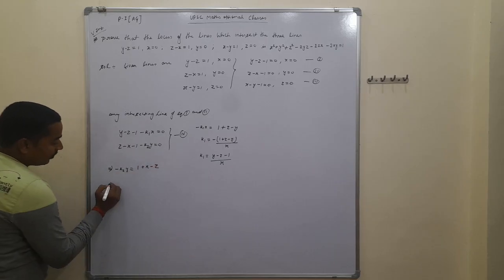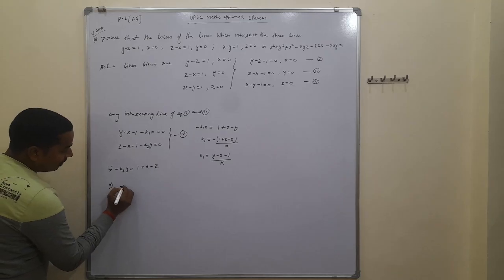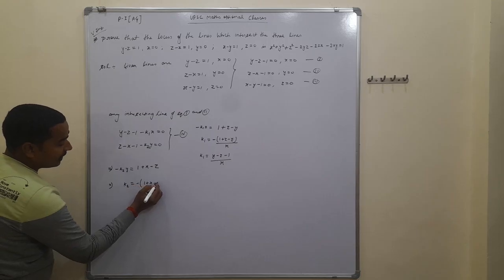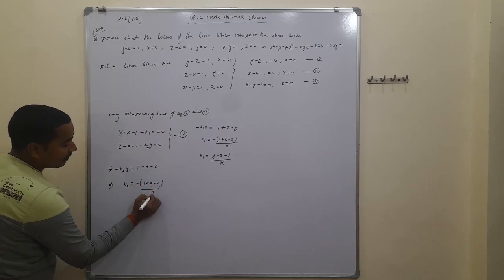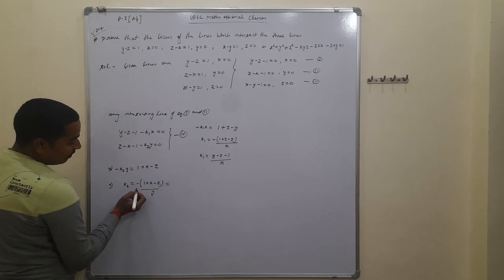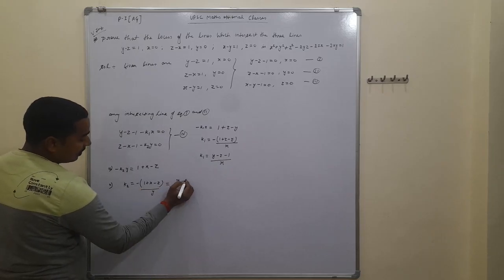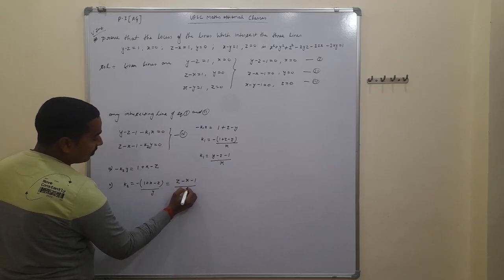And from here we calculate the value of k2, that is k2 is equal to minus 1 plus x minus z upon y, and multiplying with the minus, that is z minus x minus 1 upon y.